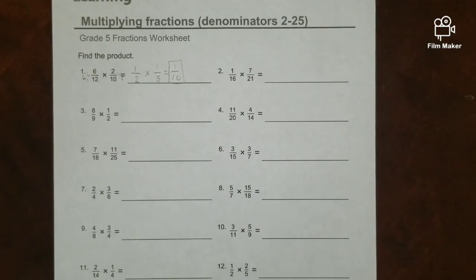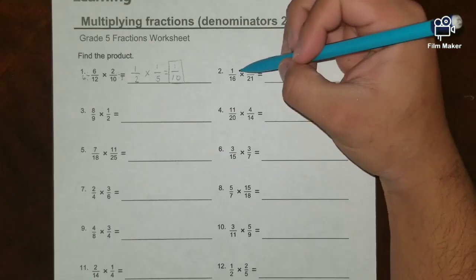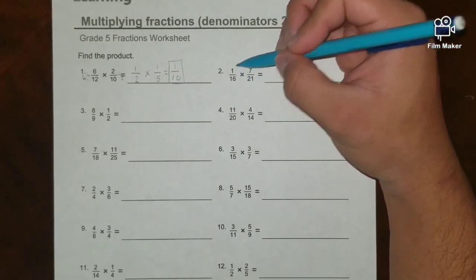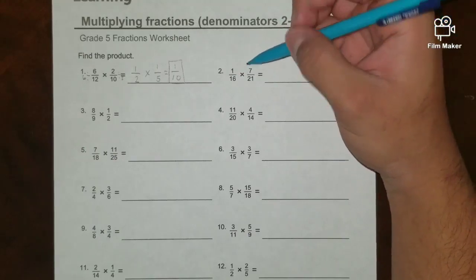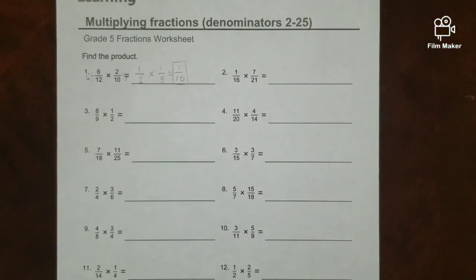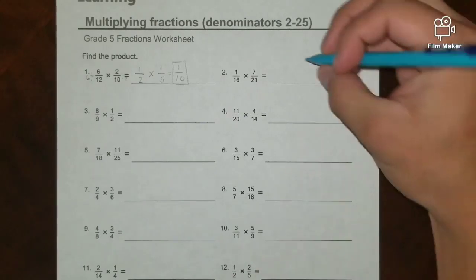So the first thing we should look at is to see if we can reduce any of the fractions. 1 over 16 does not look like it can be reduced since we have a 1 in the numerator and you can't really reduce anything with a 1. So we look at 7 over 21. The first thing we can see is that 7 and 21 are both multiples of a number. That number is 7. So we can change it. Let's rewrite this.